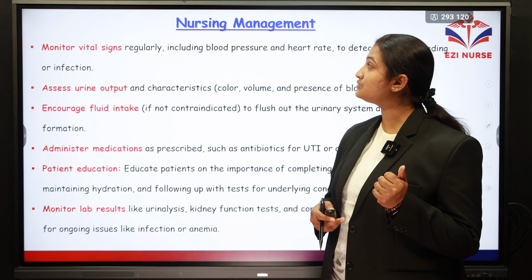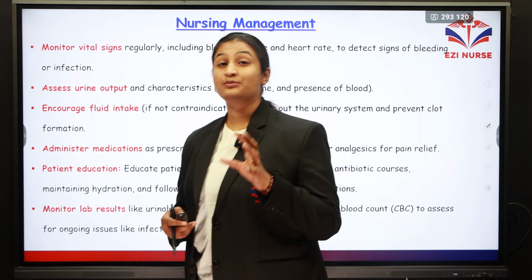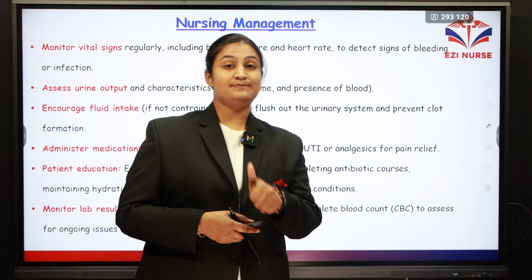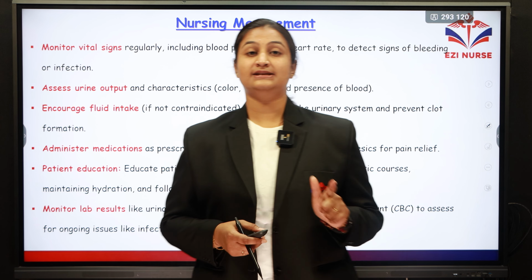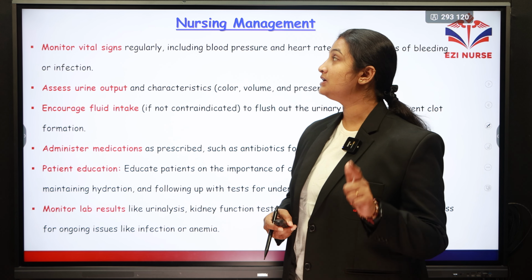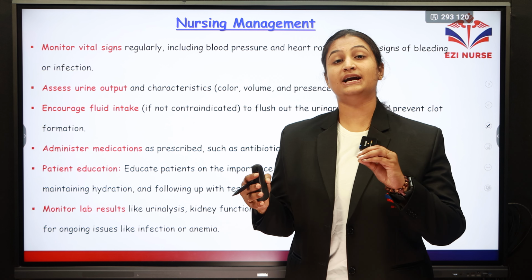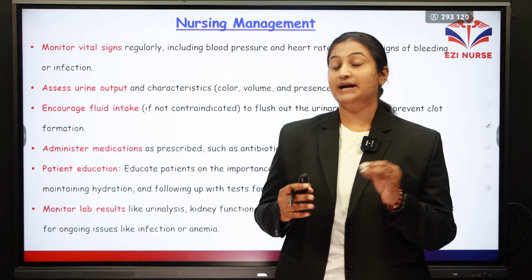Then moving to the nursing management. We have to be thorough with this nursing management. It is beneficial for your theory exam as well as in your clinical setups. So how are we going to monitor their vital signs?